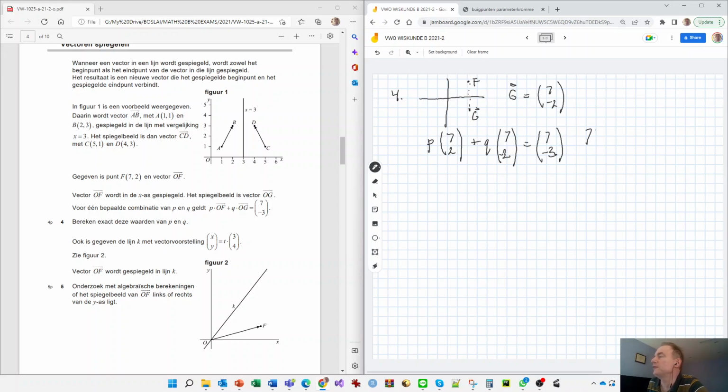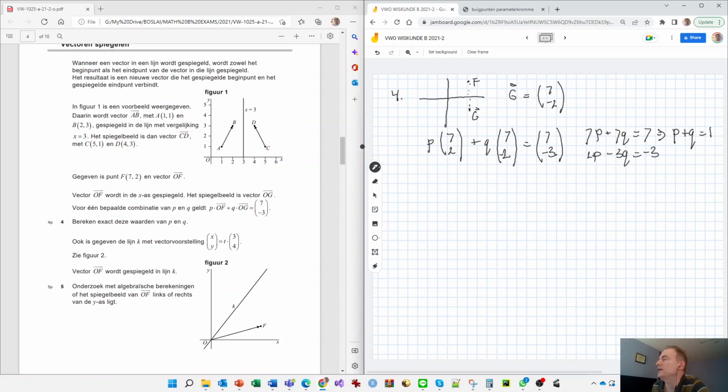Which means that 7P plus 7Q is 7, and 2P minus 3Q is negative 3. This you can just simplify a little bit by dividing by 7. Okay, two equations with two unknowns.